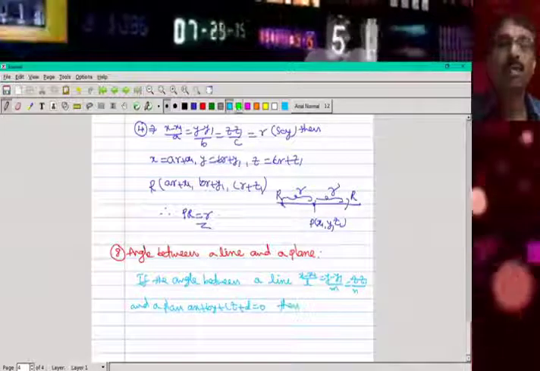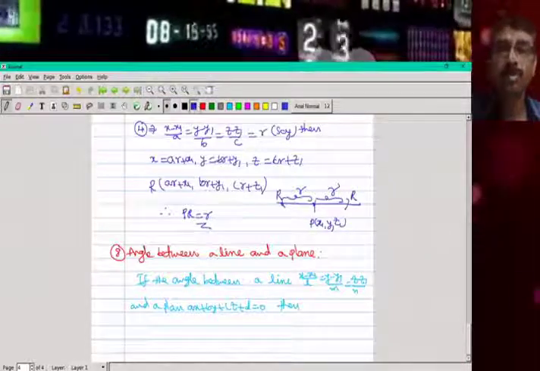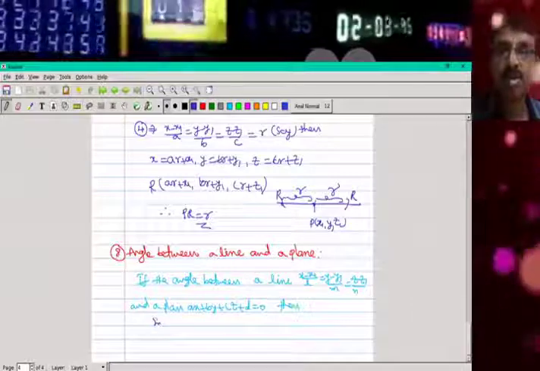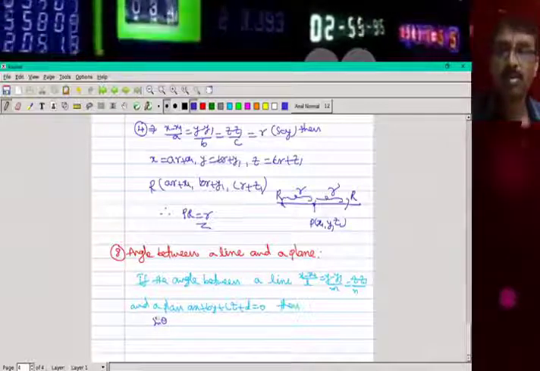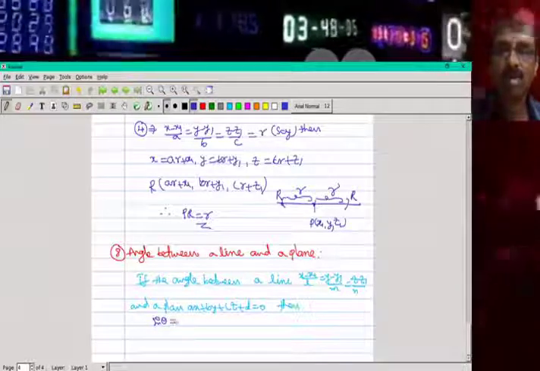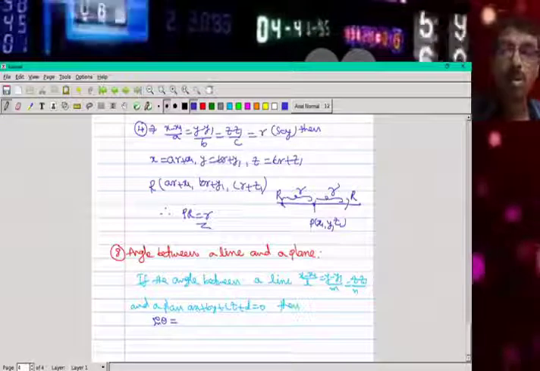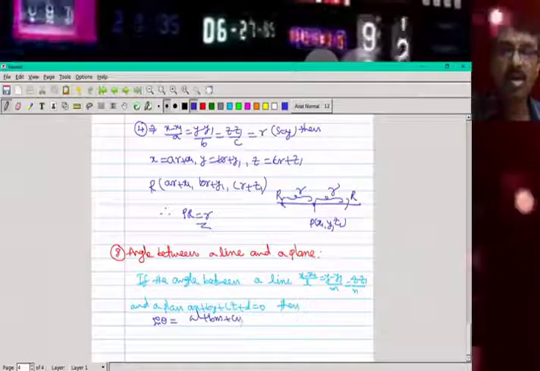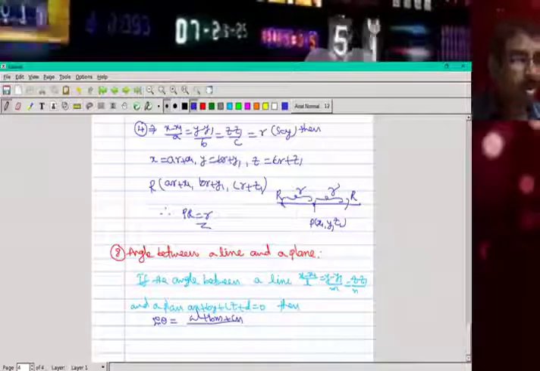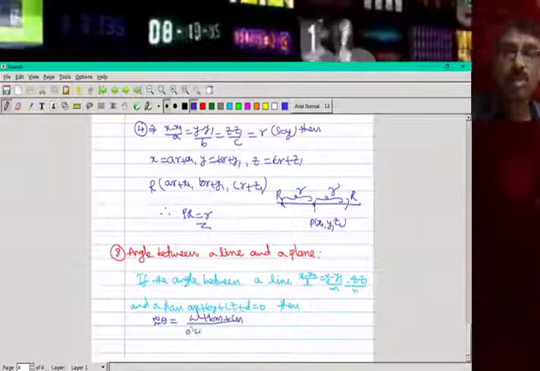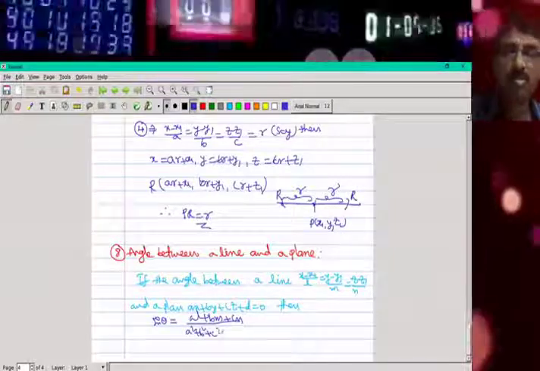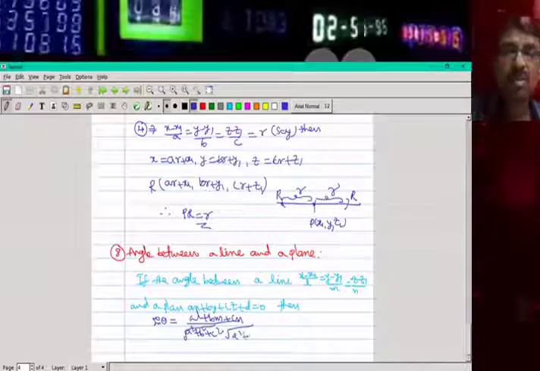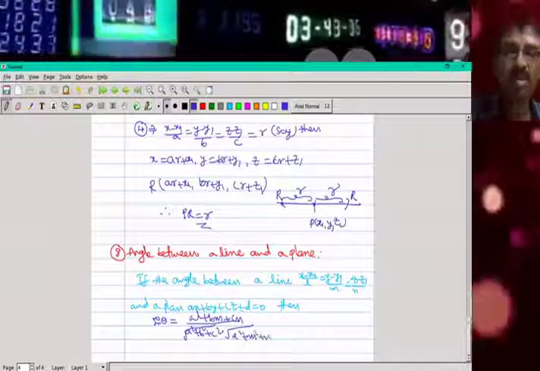the formula: here we write sin theta, don't write cos. Sin theta equals al plus bm plus cn by under root a square plus b square plus c square, and under root l square plus m square plus n square.